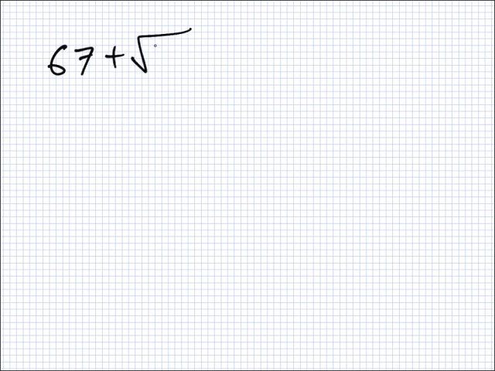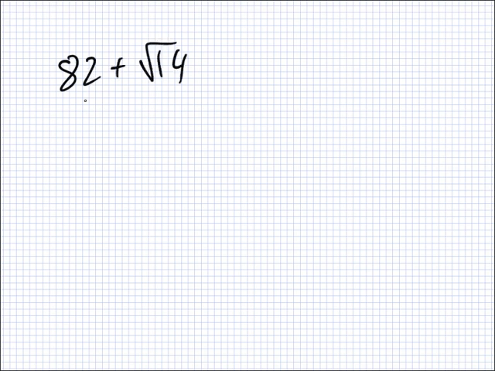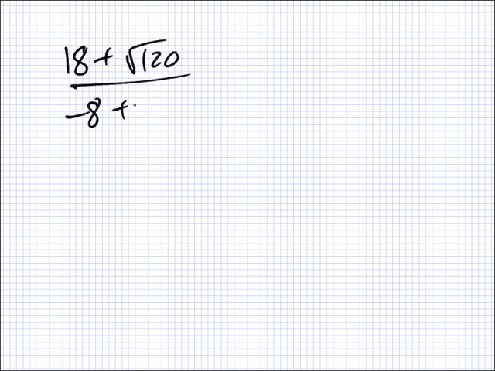Let's pick one with smaller numbers. 18 plus root 120 over minus 8 plus root 30. Sure. Yeah, I'm sure. I know what I'm doing.